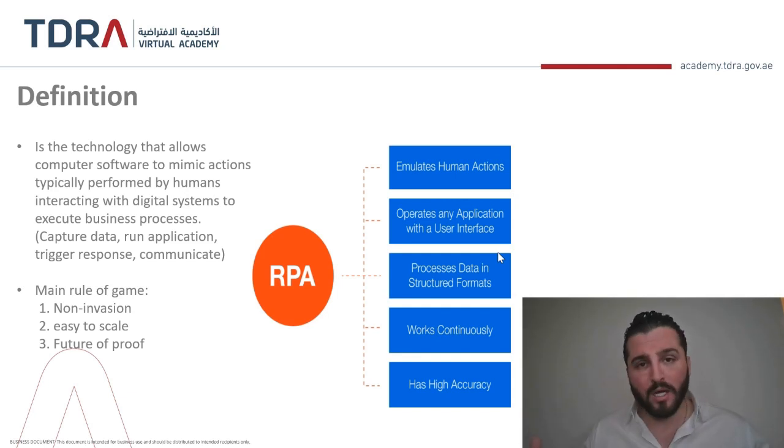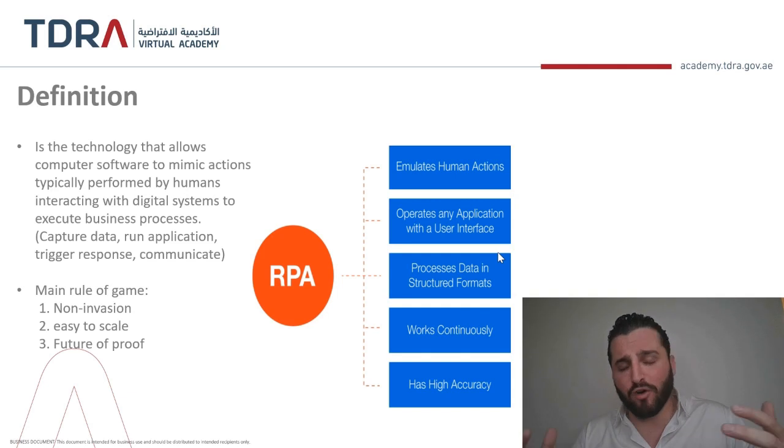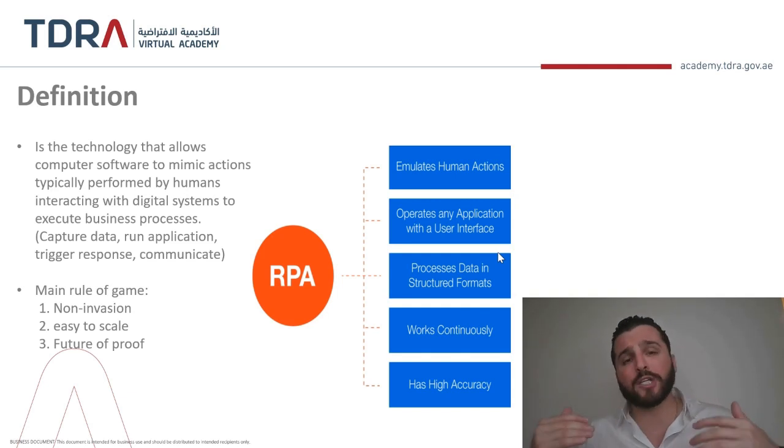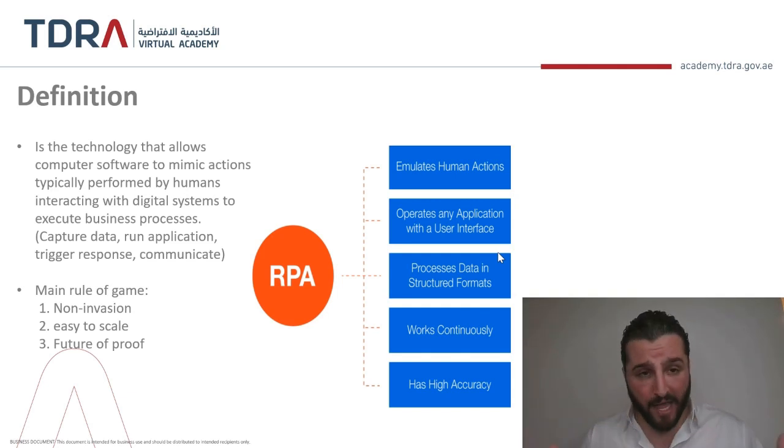And for sure, when we perform any process, we need to make sure that it's zero error, and that's exactly what RPA can assure the ecosystem, that we can perform all these things with all these features with zero error.